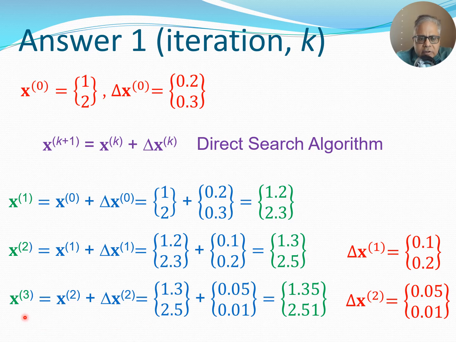I continue this process to x3, which will be x2 plus delta x2, and so I get this 1.3 and 2.5 from here, and then I add the delta x2 term here, so I get this 0.05 and 0.01, and the solution becomes x3 is 1.35 and 2.51. So you can see this is how the typical direct search methods proceed through the design space. They move through the design space essentially searching for the optimal point.